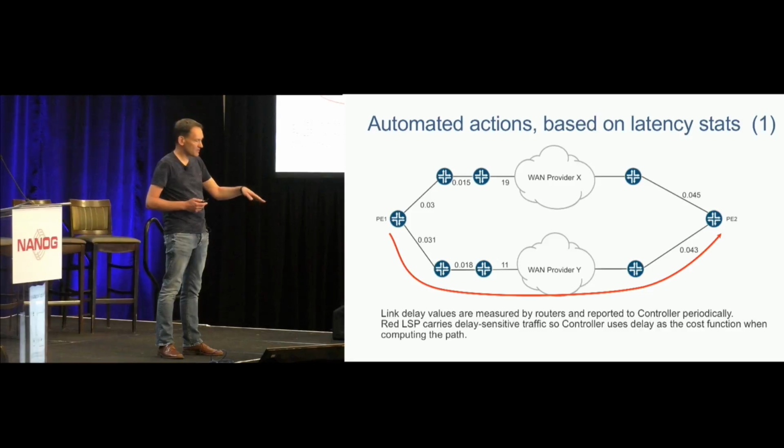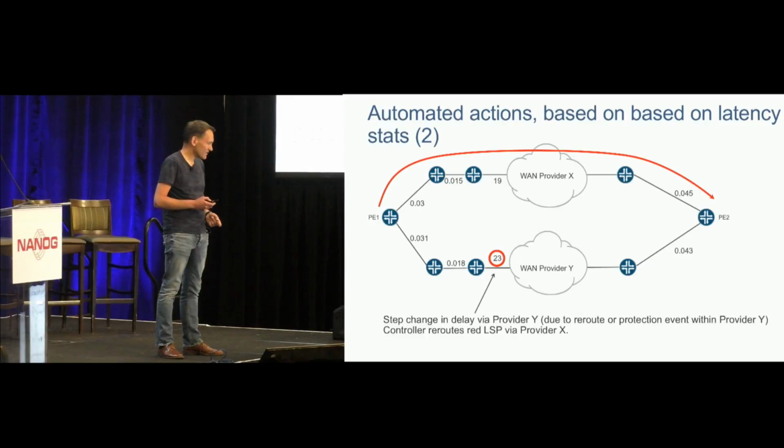And at the moment, the lowest latency between PE1 and PE2 is, as shown by that red LSP, and the controller's computed that path as being indeed the lowest latency path. Now what happens, there's a fiber cut in WAN provider Y, step change in latency on that link from 11 to 23. The controller sees that through the telemetry reports, and so it automatically reassesses the paths of all the low latency LSPs that pass through that link.